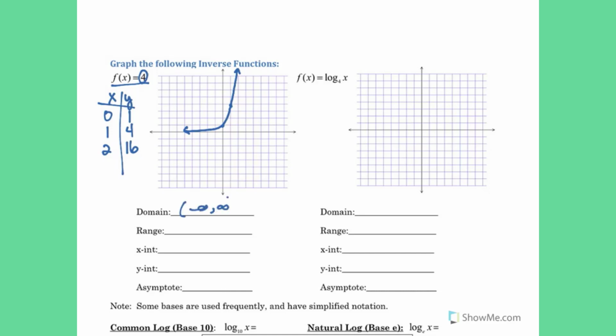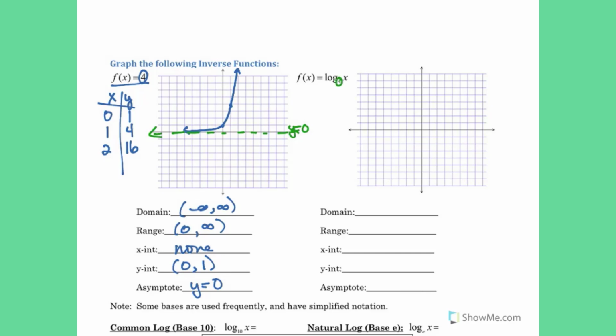So remember, our domain is all real numbers. Our range is 0 to infinity. We have no x-intercept. Our y-intercept is 0, 1. And we have that horizontal asymptote of y equal to 0.